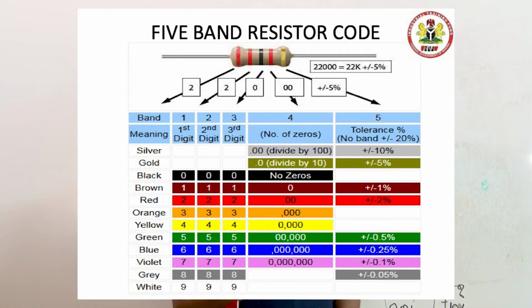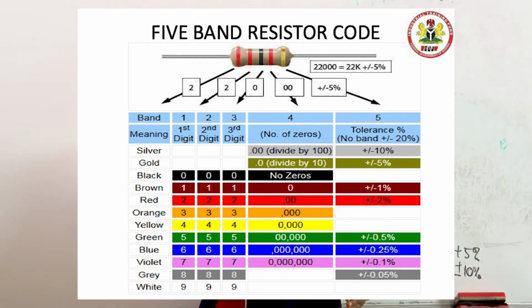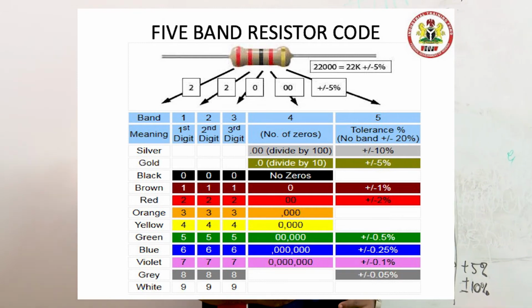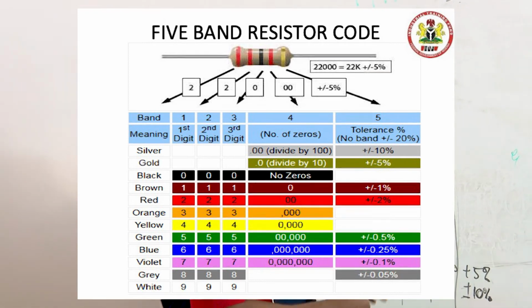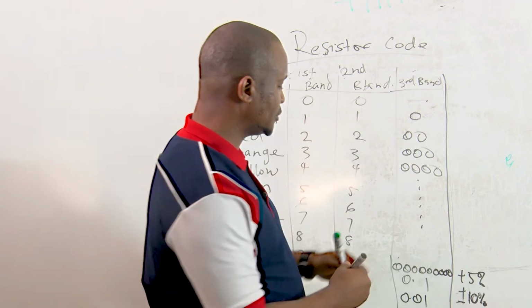So in other words, you will not be expecting to find gold, okay, most times on the 5-band resistor. So when you look at the 5-band resistor, we are going to use this and just show you the difference.